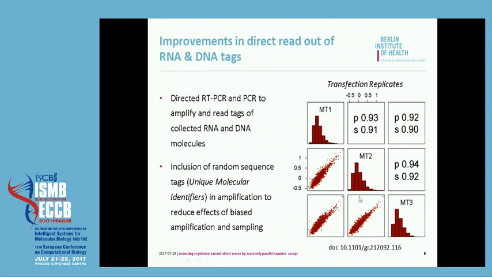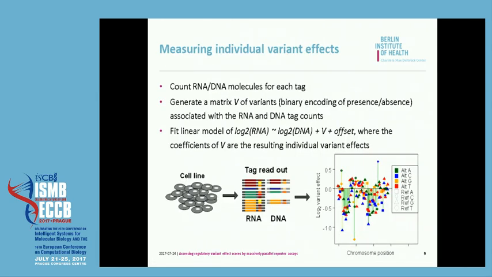In the last year, we've published a protocol that helps us to improve the RNA and DNA readout for those protocols. And in this data set that I'm going to show you here, we've even extended that a little. So we're now using unique molecular identifiers to correct for amplification and other biases in the PCRs.